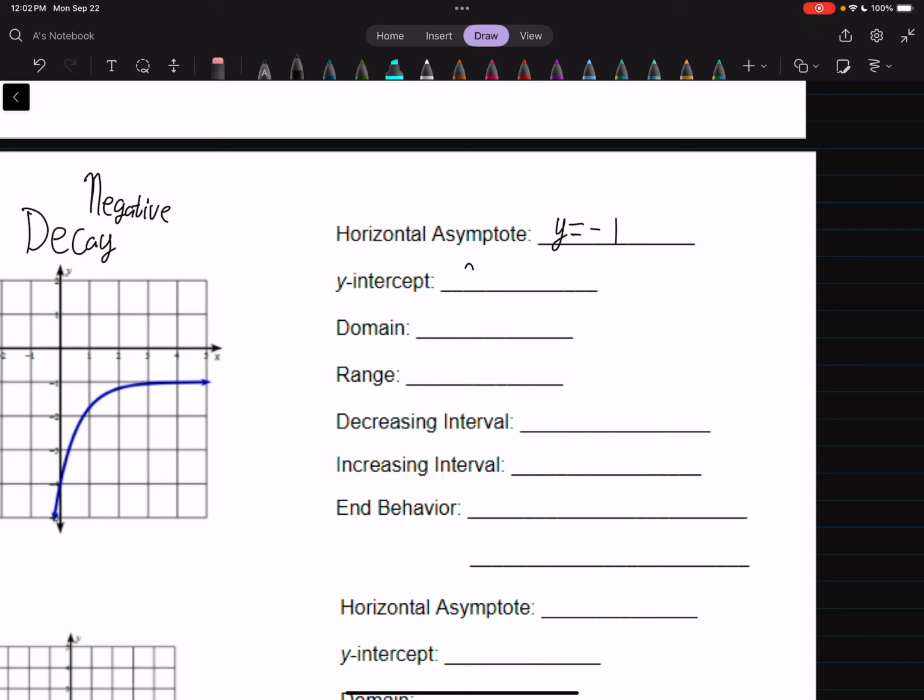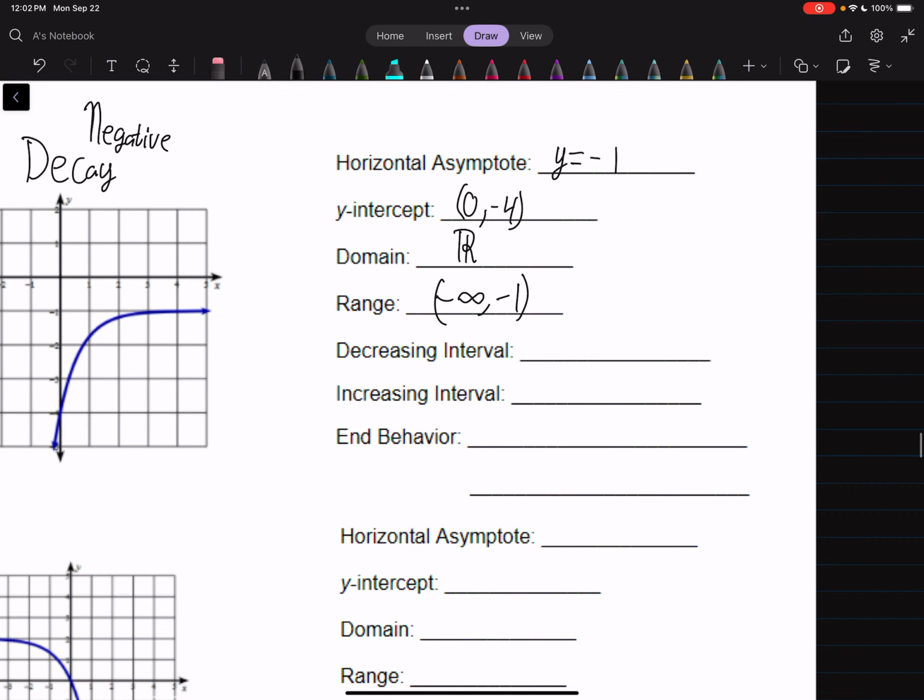My y-intercept is (0, -4). My domain is all real numbers. And my range, since this is a negative slope and horizontal asymptote at negative 1, is from negative infinity up to negative 1, but not including negative 1. Decreasing does not exist.